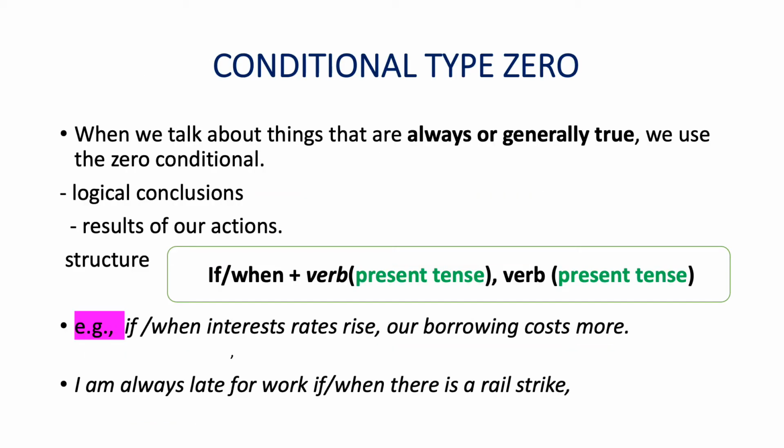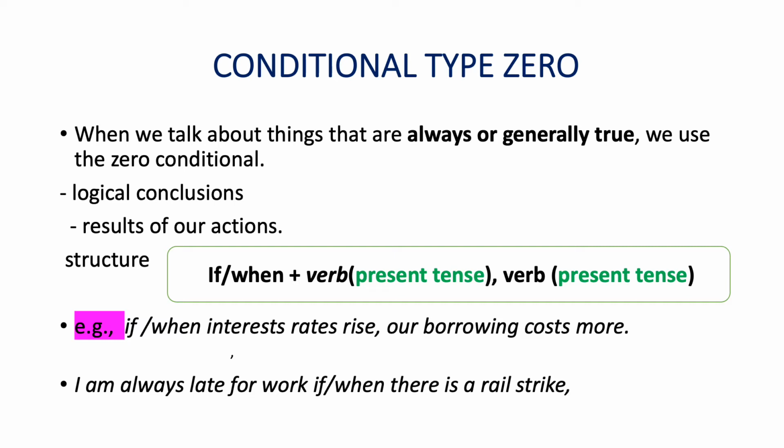Next, we have conditional type 0, which we use when we talk about general truth, logical conclusions, for example results of our actions, etc. These are general truths. You can also find it in scientific truths that we know.